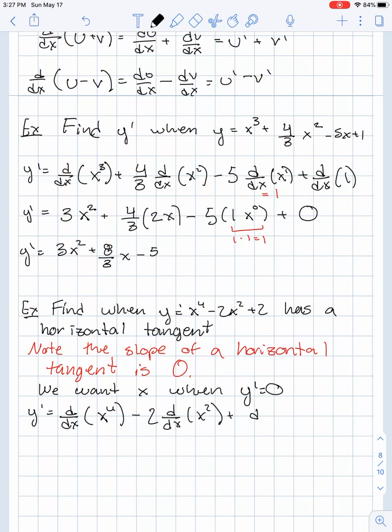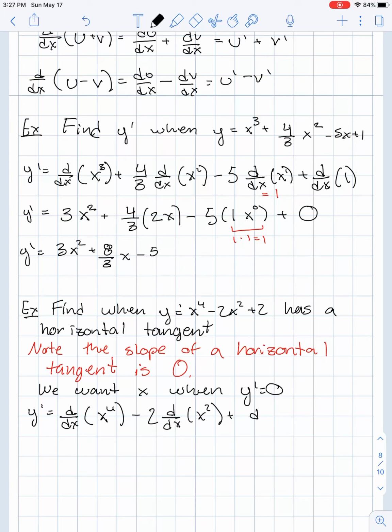So if u and v are differentiable with respect to, that's what WRT means, x, then so is their product, uv.